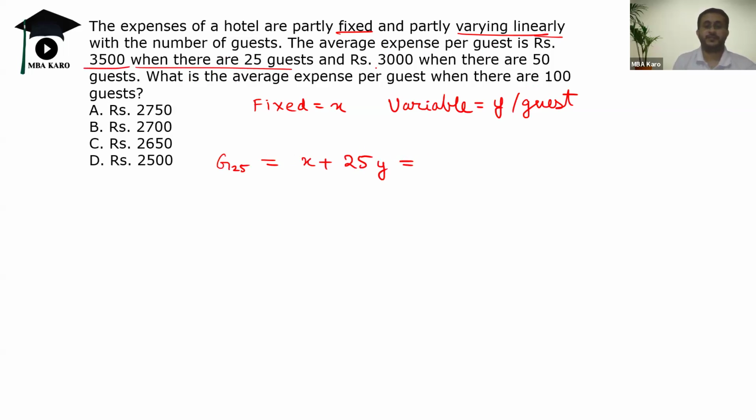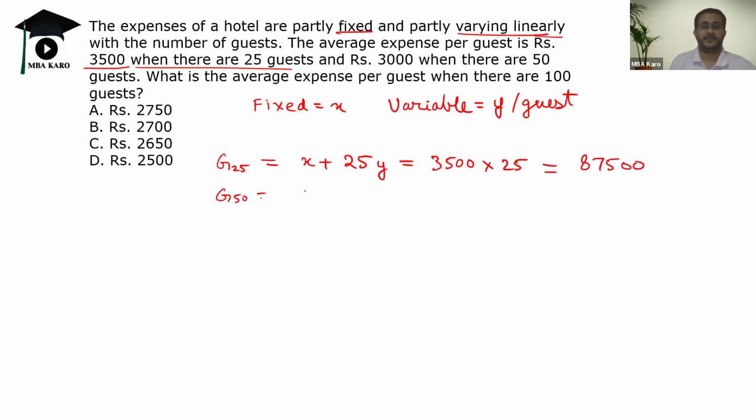Fixed X plus 25Y, that is 3,500 into 25. So multiplication by 25 means division by 4. So divide this by 4, you will get 875. 875. And how many zeros to add? 2 zeros.